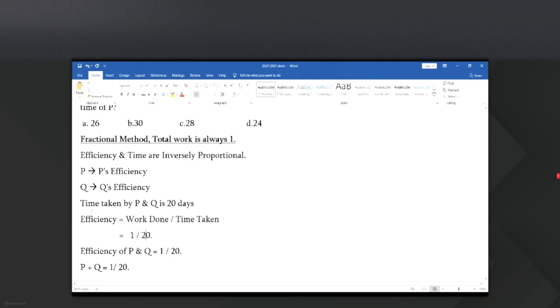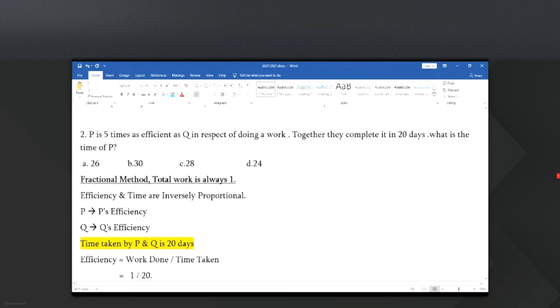That is why, when the time taken by P and Q is given as 20 days, we say the efficiency of P and Q is 1 by 20. We just inverse it. And because P's efficiency is represented by P and Q's efficiency by Q, I can simply write P plus Q is equal to 1 by 20.